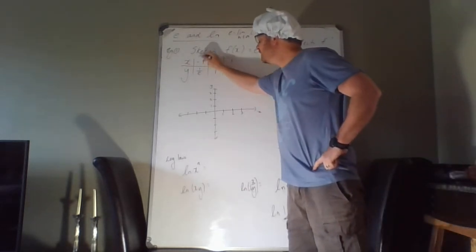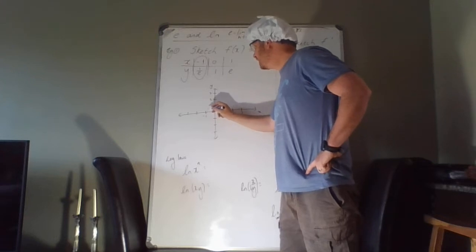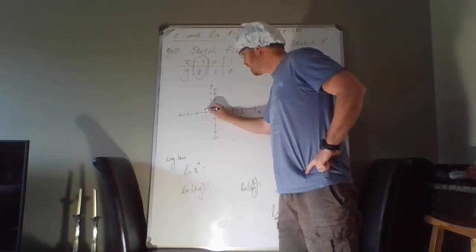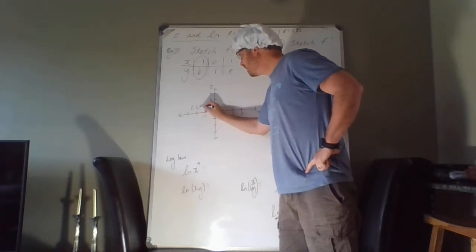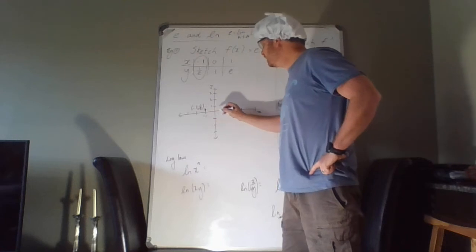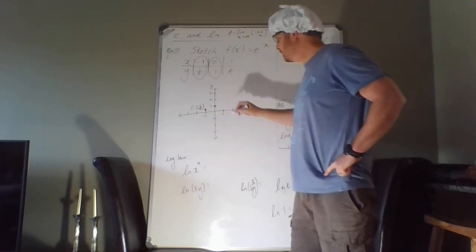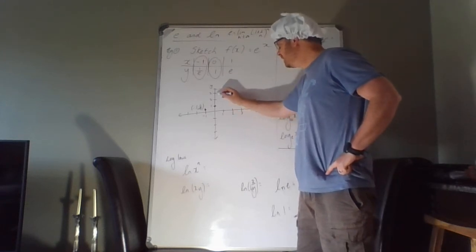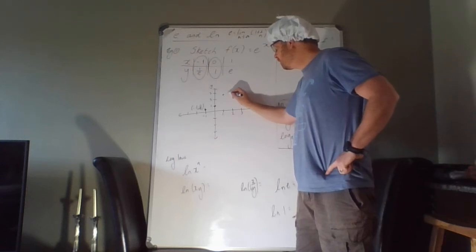When x is -1, y is 1 over e, so we have the point (-1, 1/e). When x is 0, y is 1. And when x is 1, y is e, about 2,7, so we have the point (1, e).